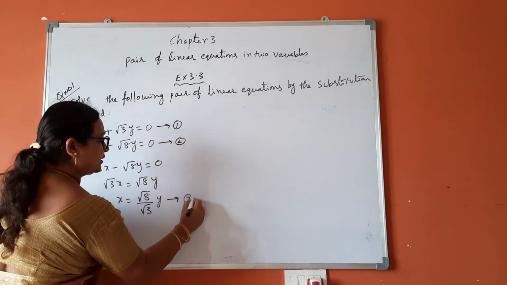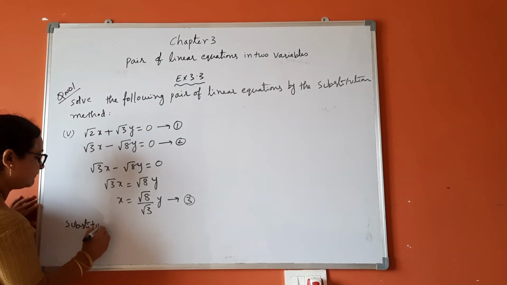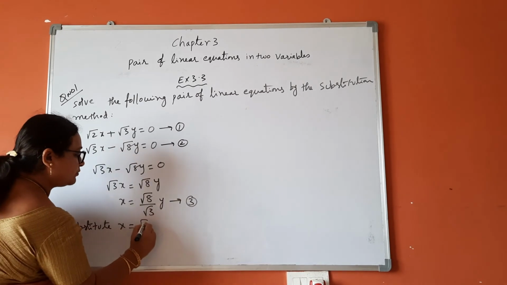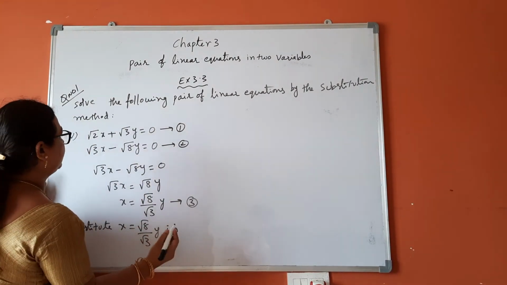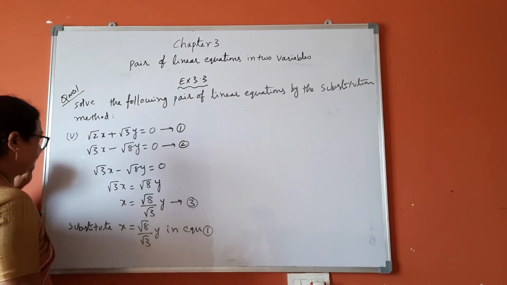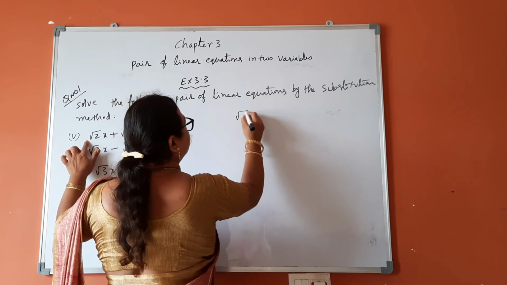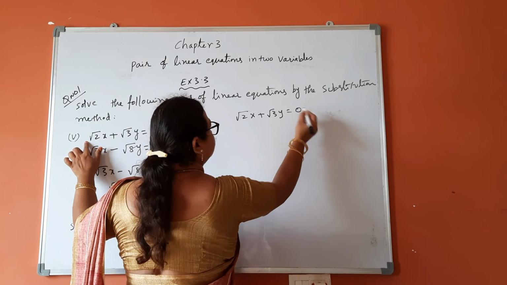This is equation 3. Now substitute x is equal to root 8 by root 3 y in equation 1. What is equation 1? Root 2x plus root 3y is equal to 0.